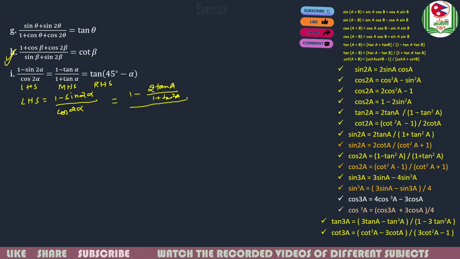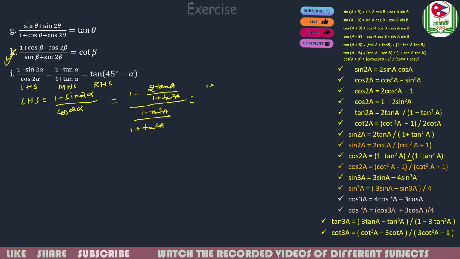The whole thing is divided by cos 2 alpha, and cos 2 alpha is (1 minus tan squared A) upon (1 plus tan squared A).